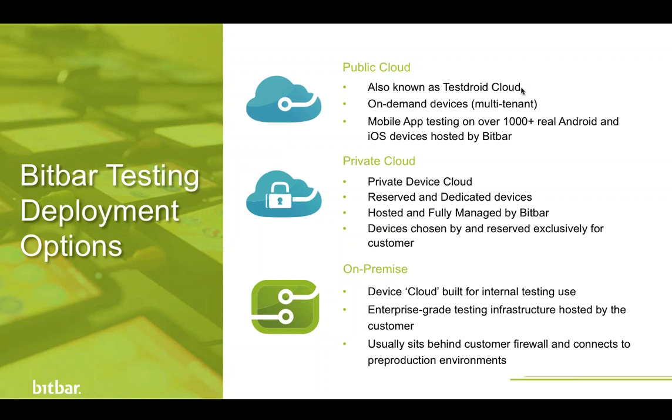You don't have to build labs or maintain any of that infrastructure around that, which is significant effort. And on-premise is for the significant size of device labs if you want to build something on your local premises.